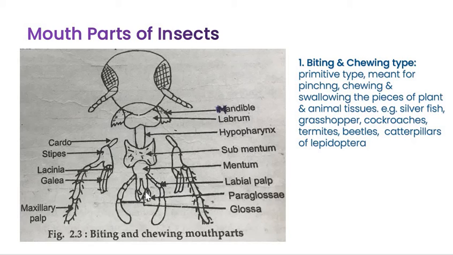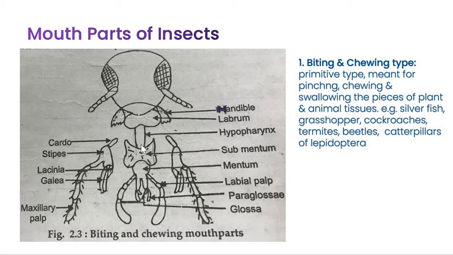Now, the next part is the hypopharynx. The hypopharynx is a median process called the tongue, which lies in the buccal cavity arising from its floor. The opening of the salivary duct lies at its base. As I already told you, the hypopharynx acts as the tongue of the insect.